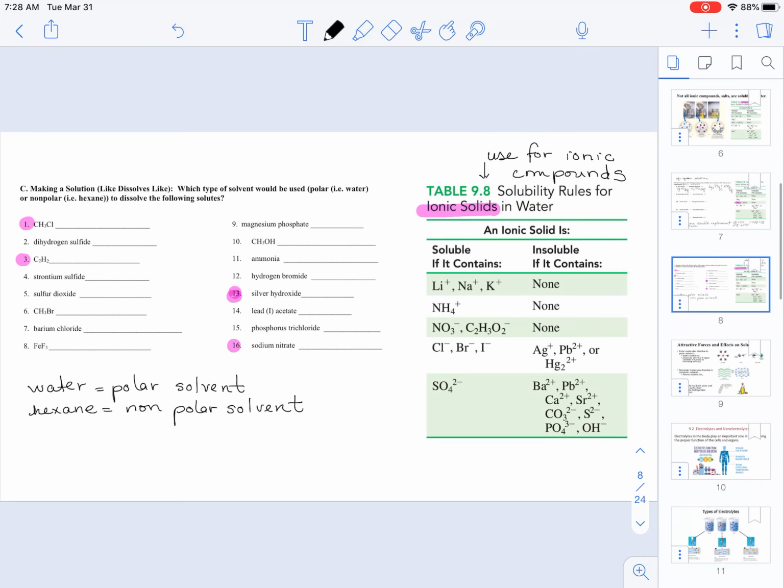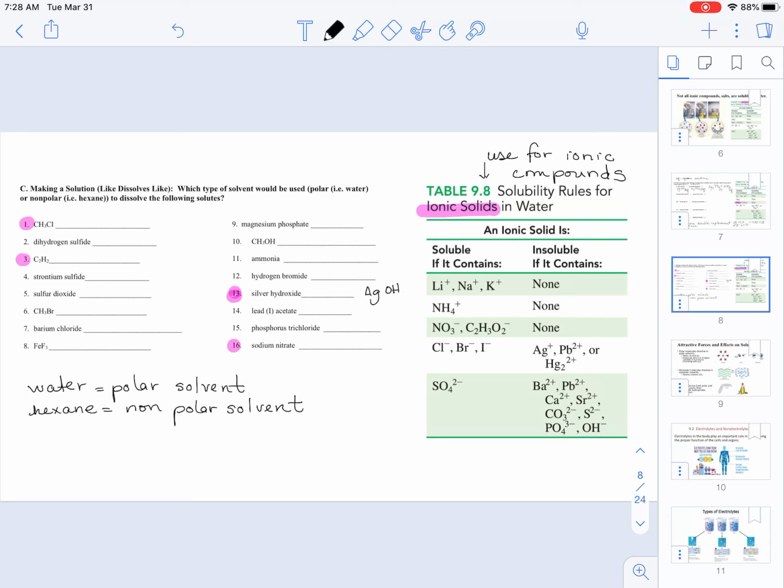Okay, now whenever we have an ionic compound, remember that we are going to direct our attention to table 9.8. So the first thing that you should know is how to write a specific chemical formula. So for silver hydroxide, you should know that silver hydroxide is going to be AgOH.